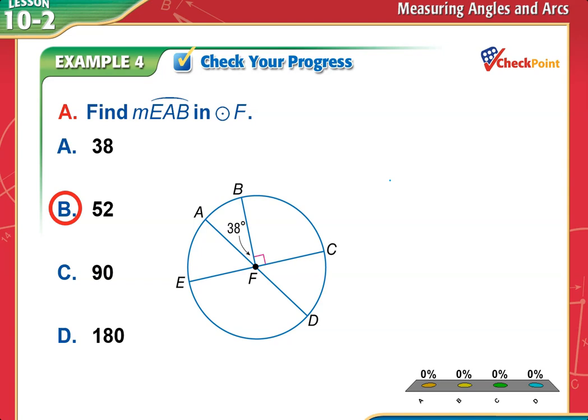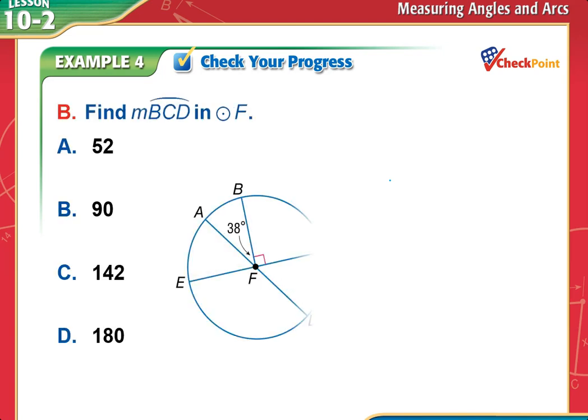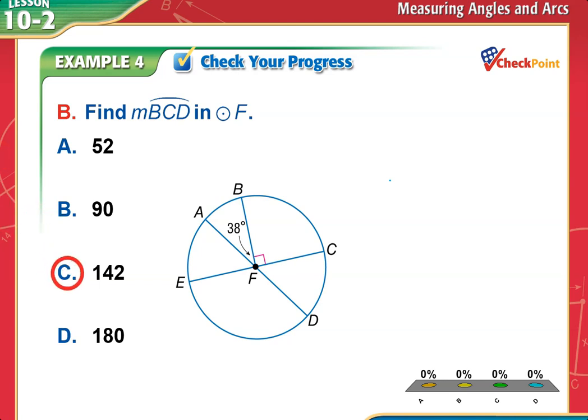So the answer should be C, 90, for the question that was asked. Okay, find the arc BCD. Okay, you said 142, you did it right.